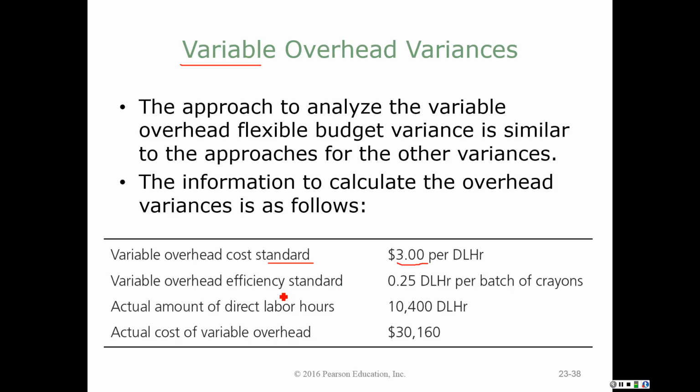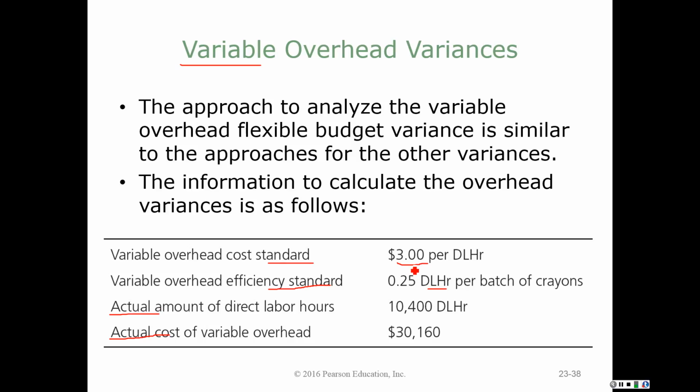We had also estimated that our driver was direct labor hours, and that those hours are going to be 0.25, or a quarter of an hour, for every batch of crayons we produce. So we know what the variable standards were, what were our actual amounts? We know the actual direct labor hours, this is our driver, and we know the actual cost that we spent on variable overhead. So this is our variable overhead rate.